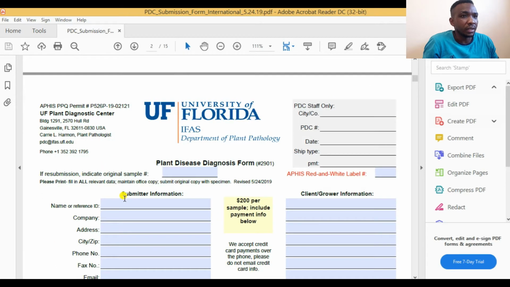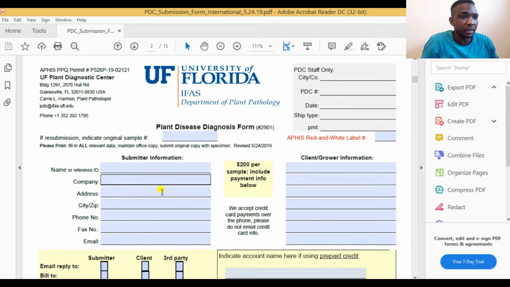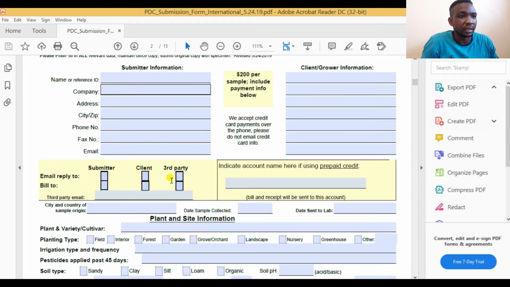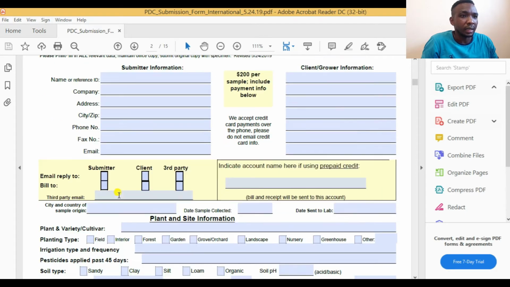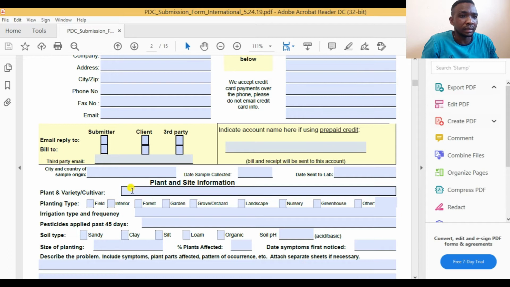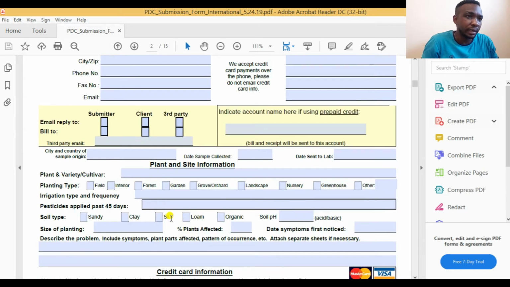First, this is called the submission form. As you can see, it says plant disease diagnosis form. This is where you will add all your information as it relates to the submitter, and information regarding where the plant sample is coming from, how you grow it, and so on.